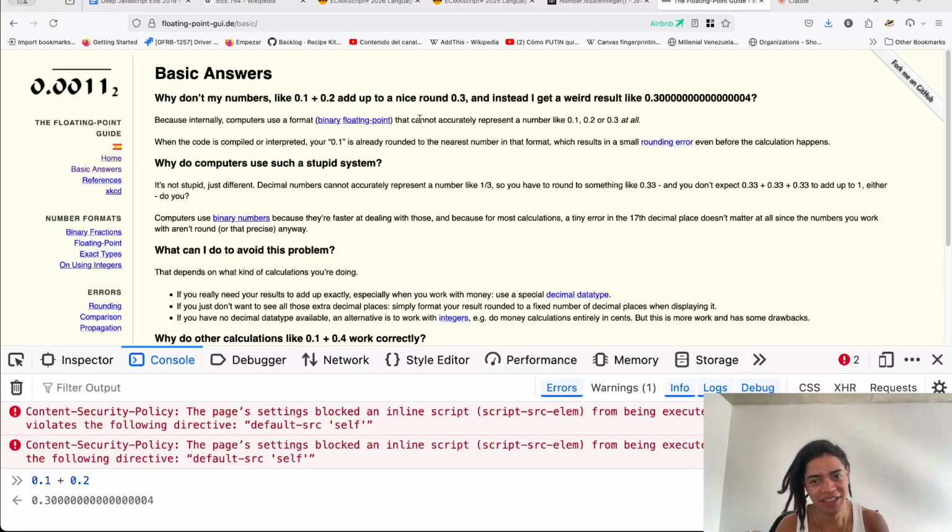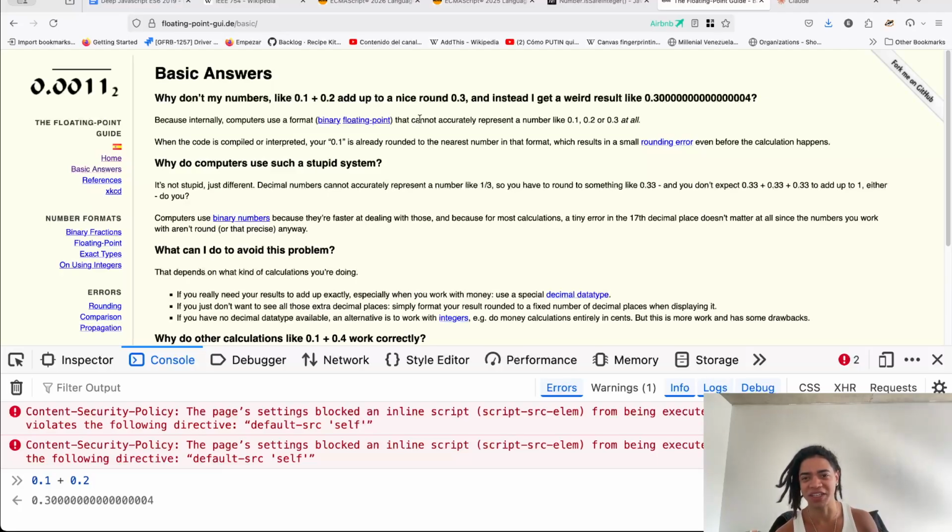So the problem is that they cannot represent fractional numbers accurately, like 0.1, 0.2, or 0.3 at all.